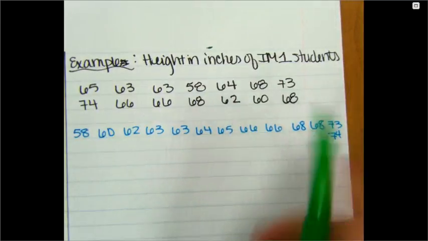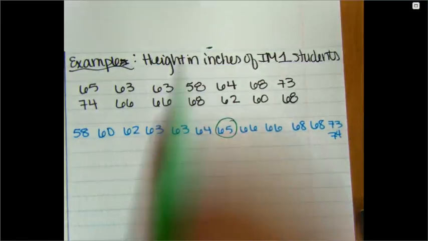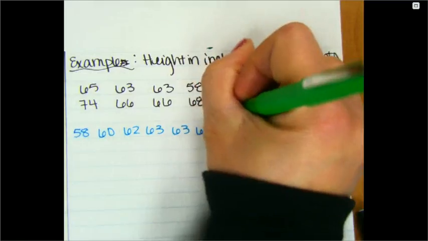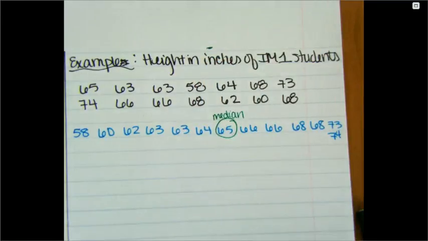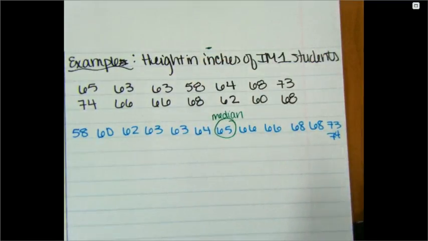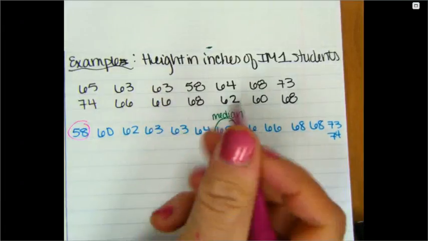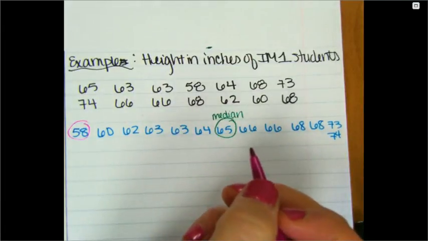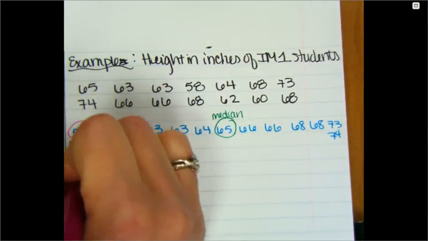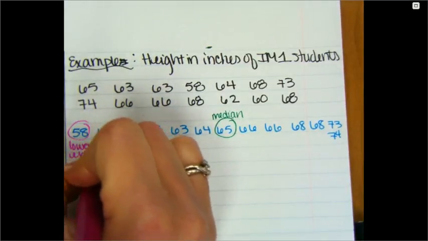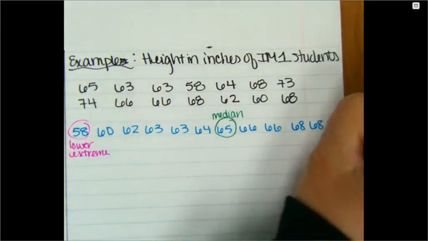Okay. Circle it. Label it. What do I know 58 is going to be? Lower extreme. What's 74 going to be? Upper extreme.